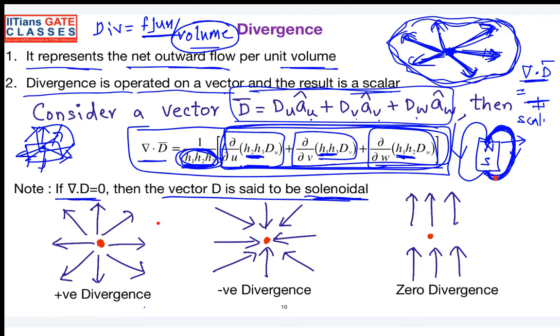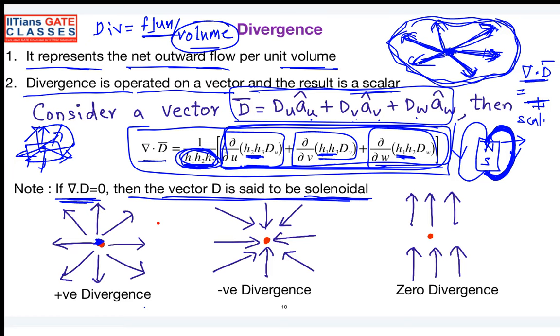Now consider this scenario. This is my source and this is my effect. What will happen in this case? All the flux lines are radially moving outwards from the source. Whenever the flux is radially outward from the source, you can say there is a positive divergence.